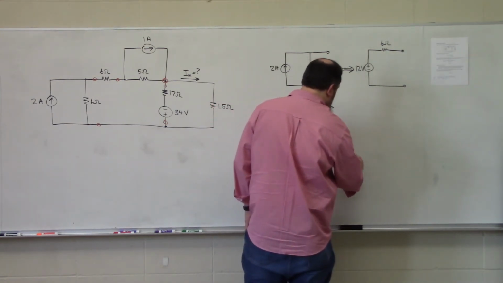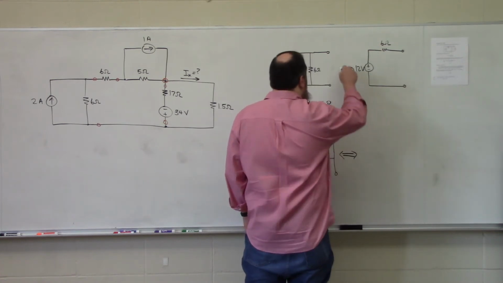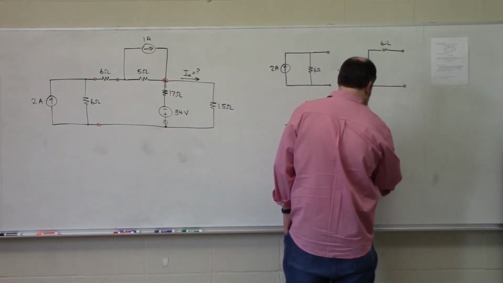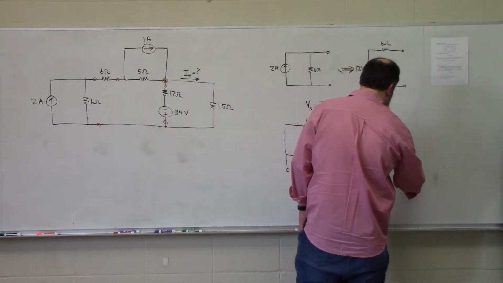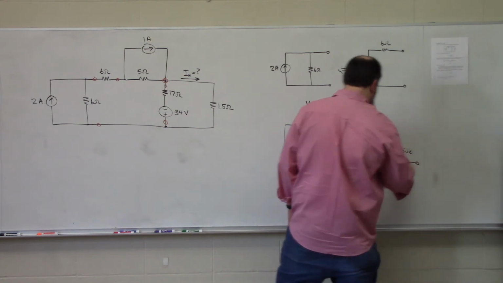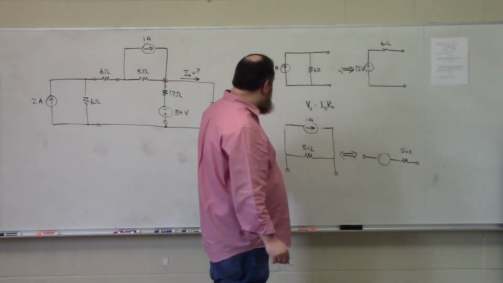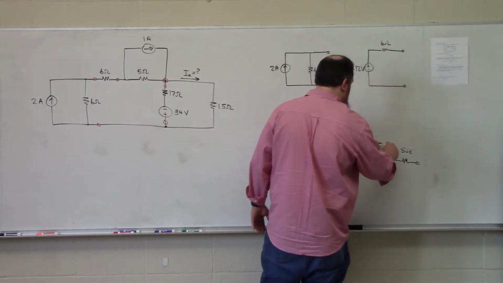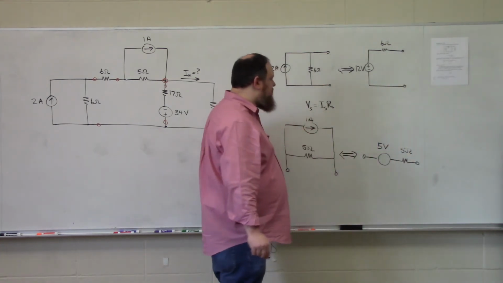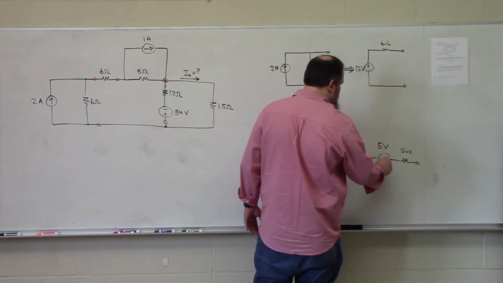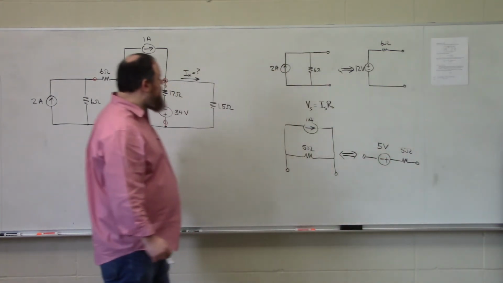And I'm going to posit that we could convert this to a voltage source in series with our 5 ohm resistor, where the voltage source is going to be 1 amp times 5 ohms, which is 5 volts. And because the head of the arrow is on the right, the positive polarity terminal of the voltage source should be on the right.